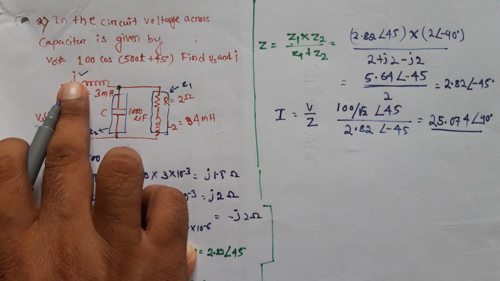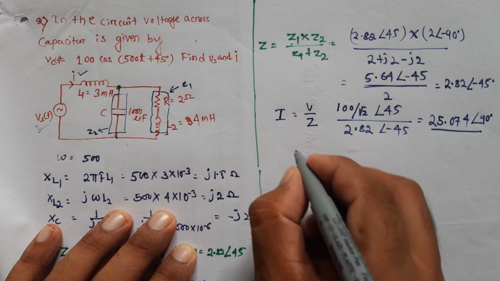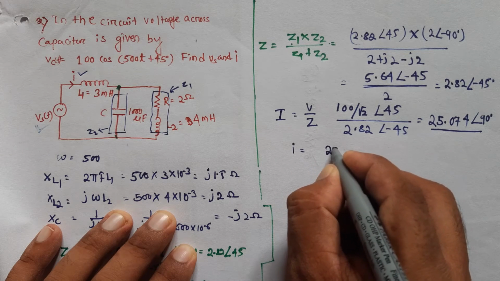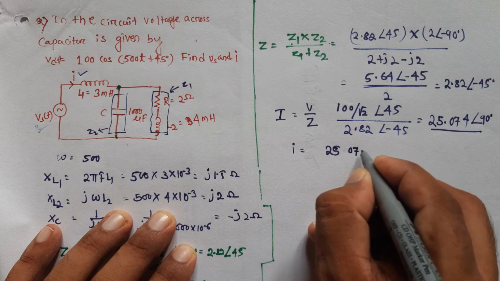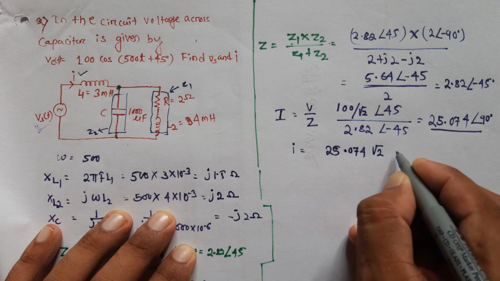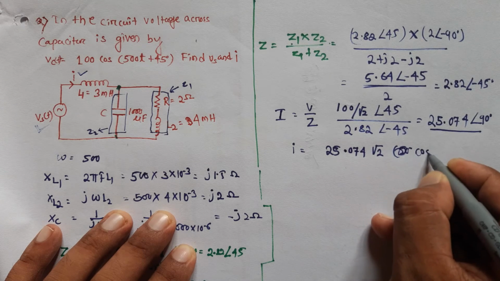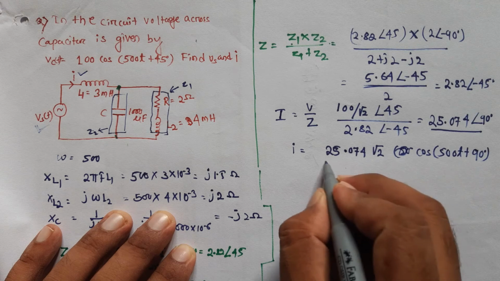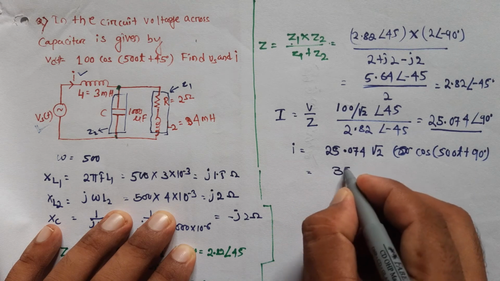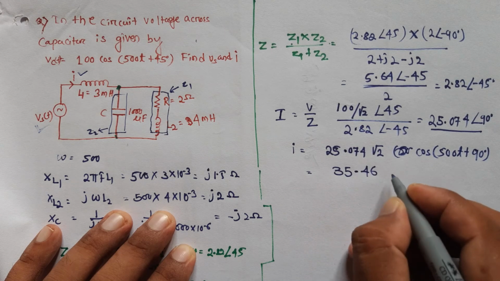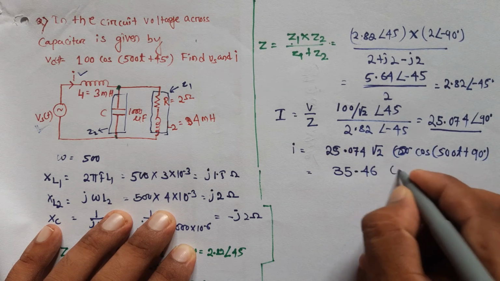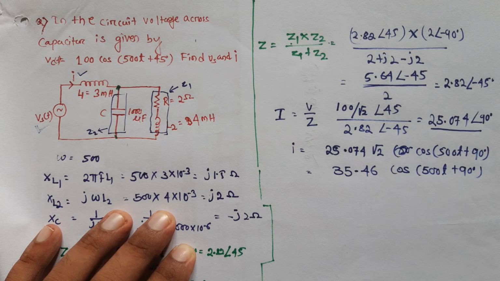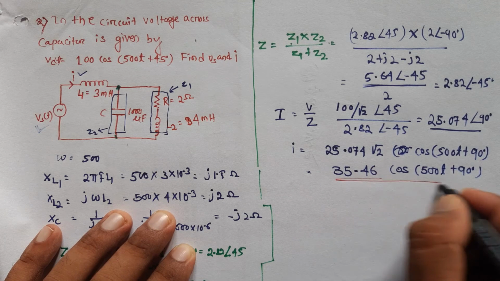For instantaneous we need the maximum current, so we can write the instantaneous value I equal to 25.074 into root 2 cos 500 t plus 90 degrees. Multiplying this, we get 35.646 cos 500 t plus 90 degrees. This is our one answer, I.